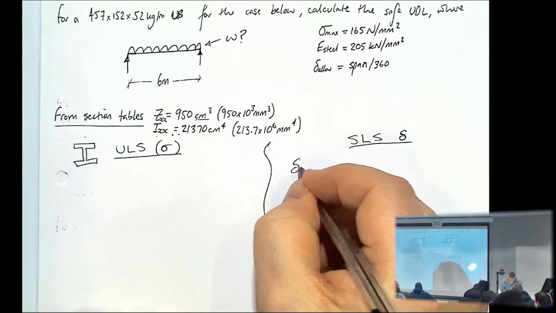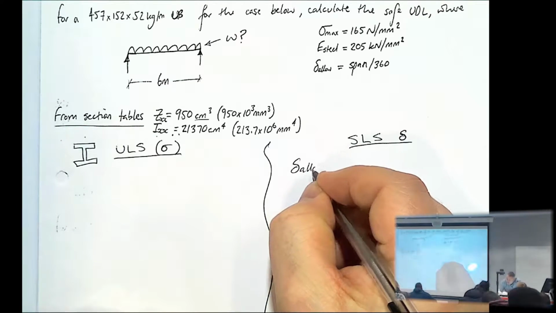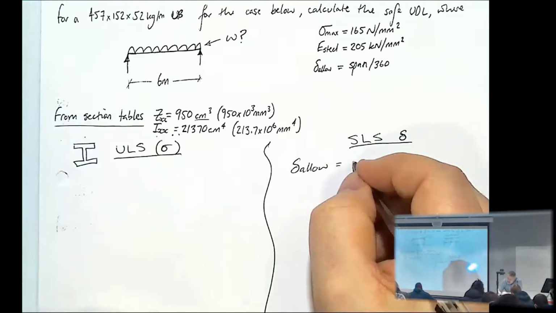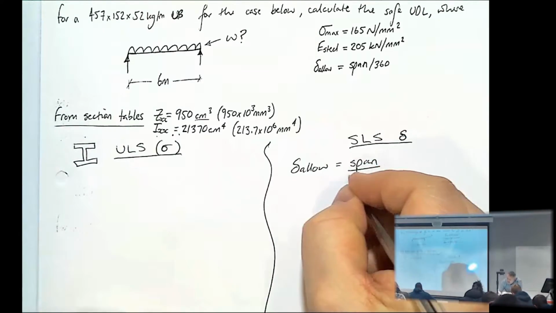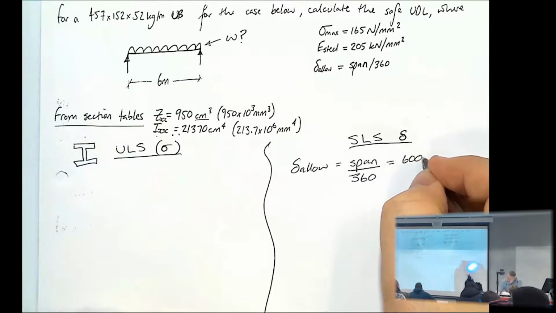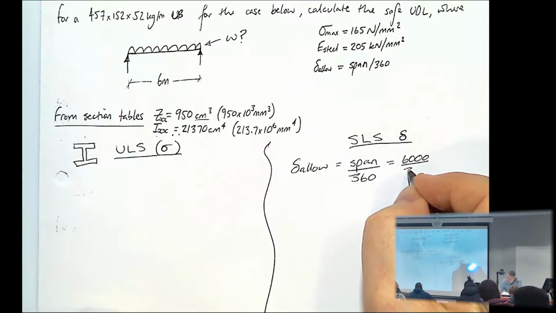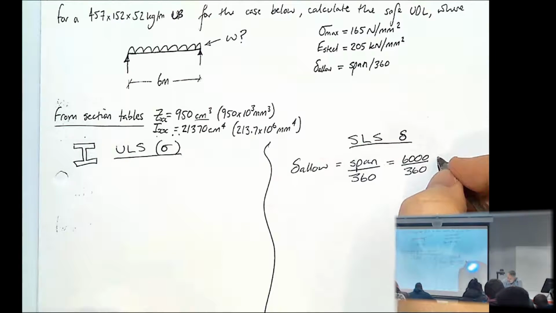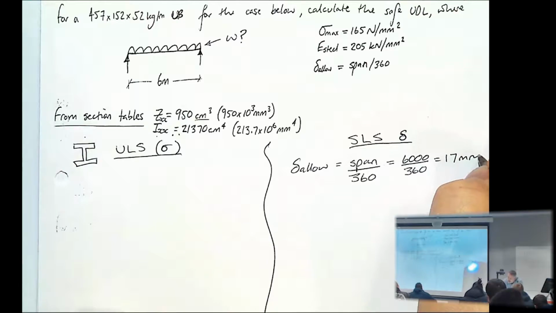So might as well put that in. Allowable equals span over 360. It's 6 metres long, so we're allowed 17 millimetres.